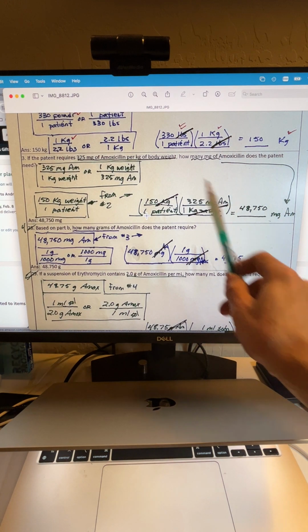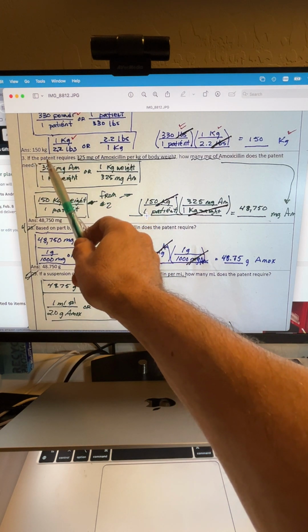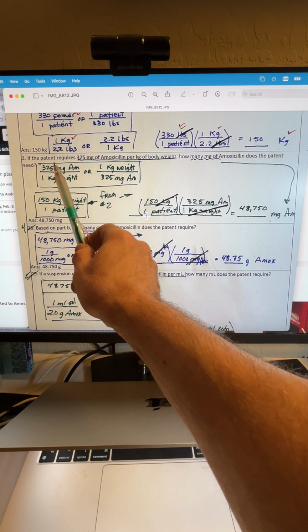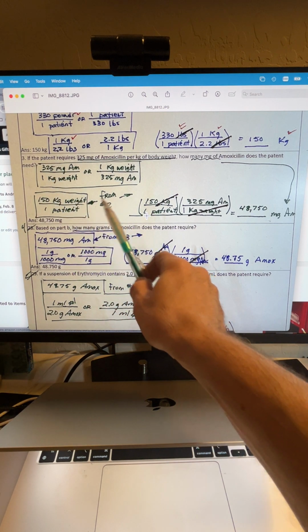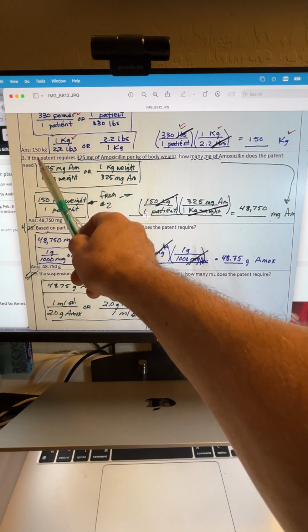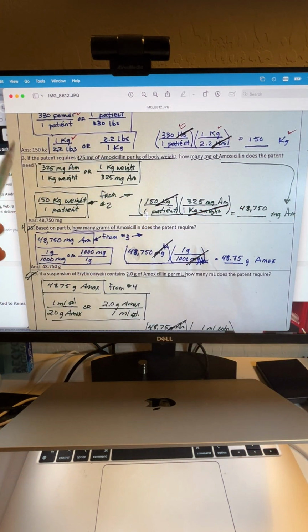Now it says the patient, and it's too bad it doesn't say the patient in number 2, because that's where you get that number from. You have to get that number from number 2, but it's implied. And if you were taking a test and you asked me the question, I would tell you it means that one.